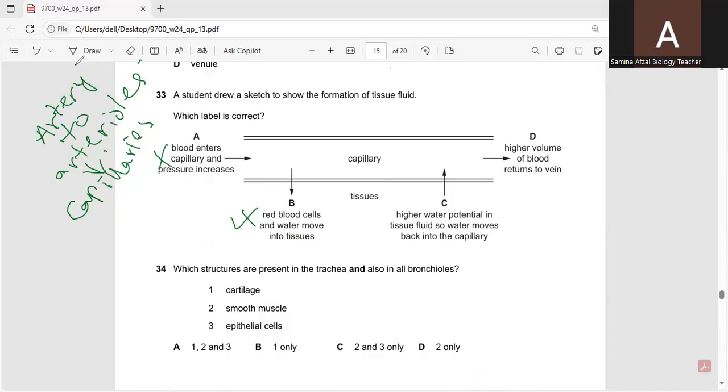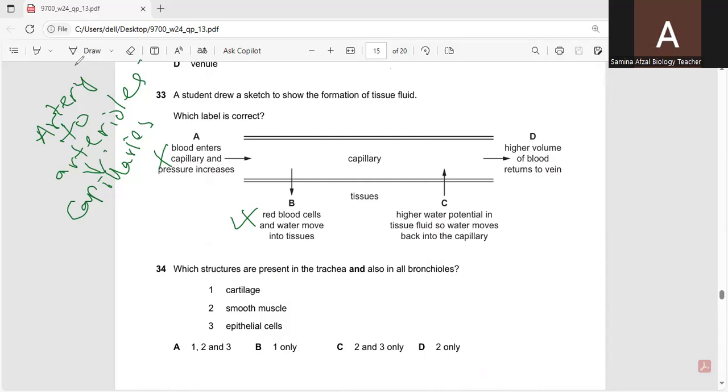When there is high water potential in the tissue fluid, water moves back into the capillary. So option C is higher water potential in tissue fluid, so water is moving back into the capillary. At the end of the capillary there is the venular end, that is, the venules, and venules join together to make a vein.